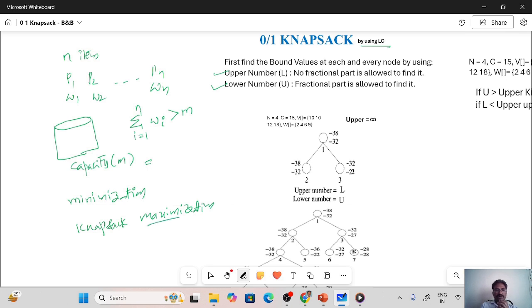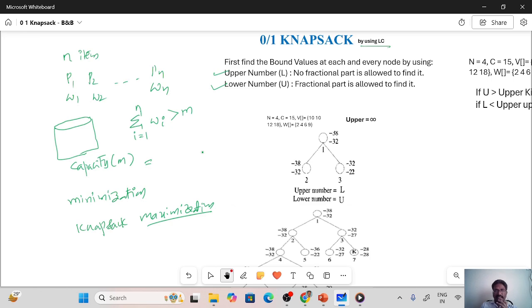How can you achieve maximization with the help of minimization? To change the signs. Good. When you change the signs, that becomes a minimization problem. When we change the sign, the lower becomes the upper and the upper becomes the lower. So that's why we change the labels. Apart from that, nothing else is there. I hope you understand as of now.